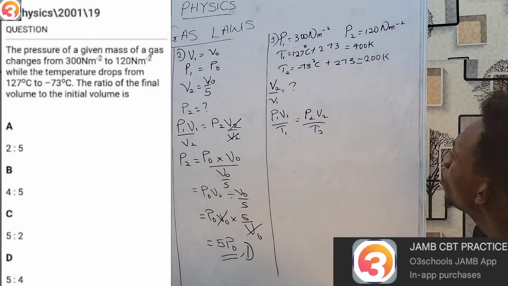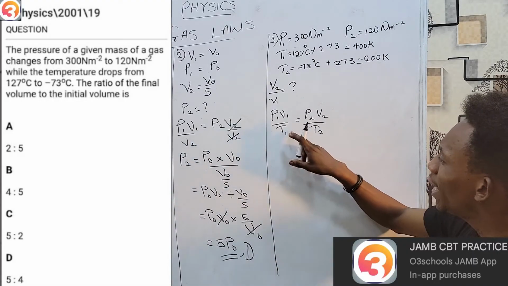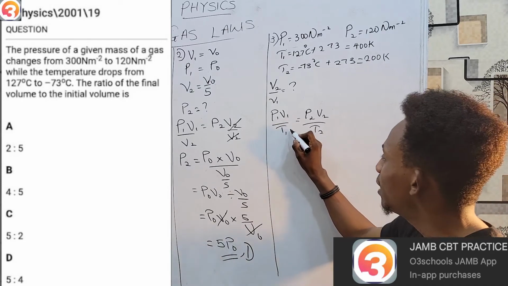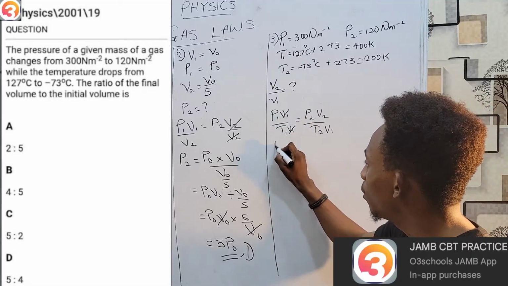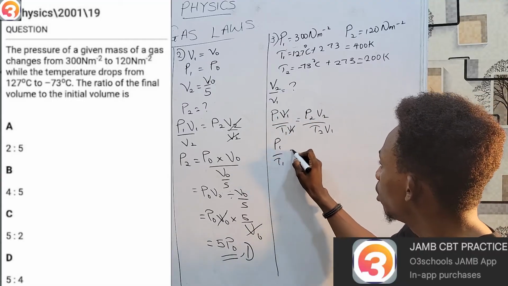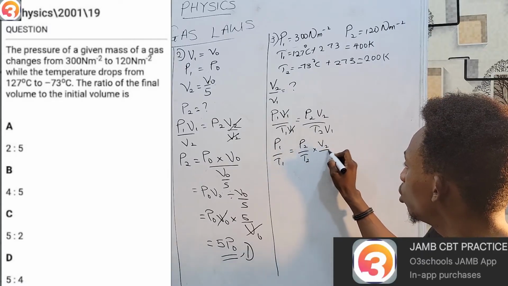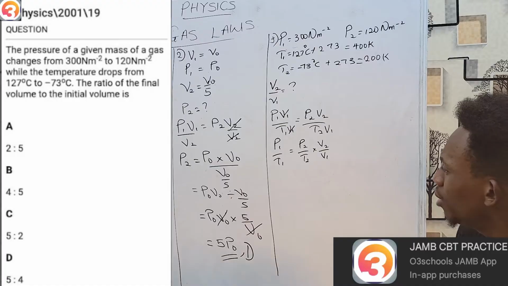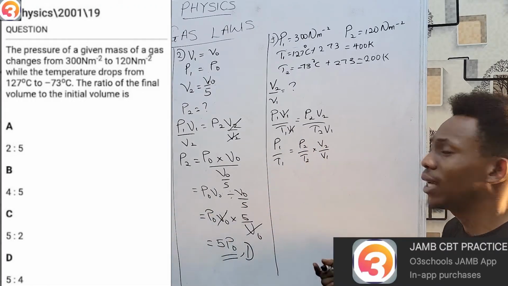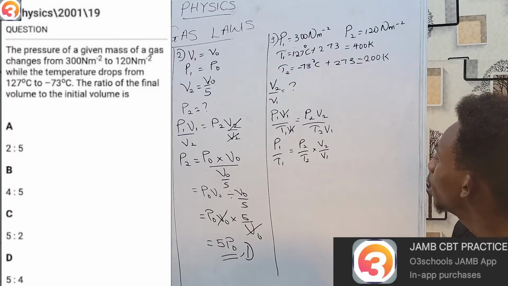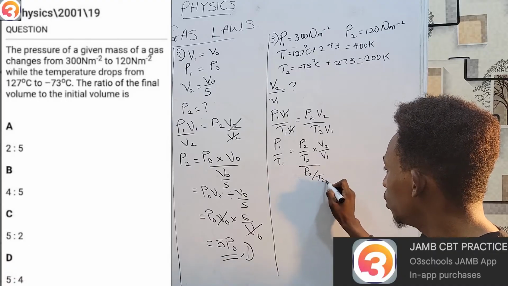But before putting in my numbers, let me see if I can simplify this. We want to get V2 over V1. So how do I get V1 to come over here? If I divide here by V1, I also divide here by V1. V1 cancels V1. I'm having P1 over T1 equals P2 over T2 times V2 over V1. Therefore, I want to get rid of P2 over T2 by bringing it to the left. Just divide both sides by P2 over T2.